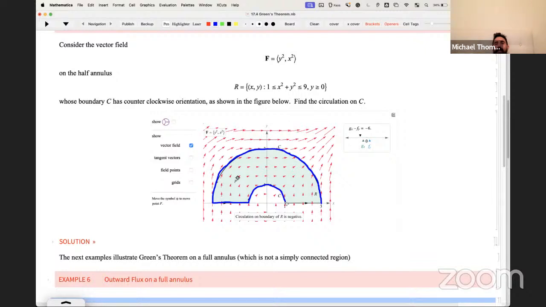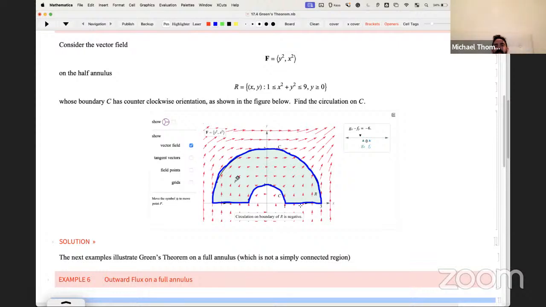And then right here, I have zero contribution. So overall, on my entire trip, would you say the net contribution is positive or negative? Negative. I would say definitely negative. So I'm expecting the circulation for this vector field on C to be negative.